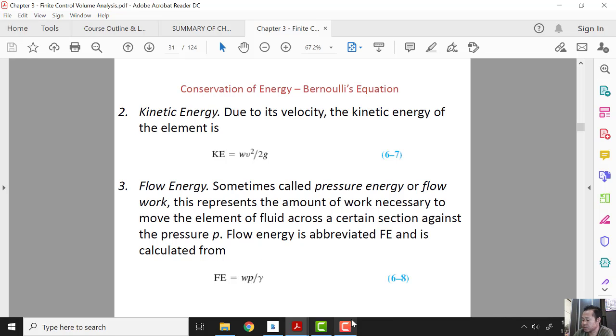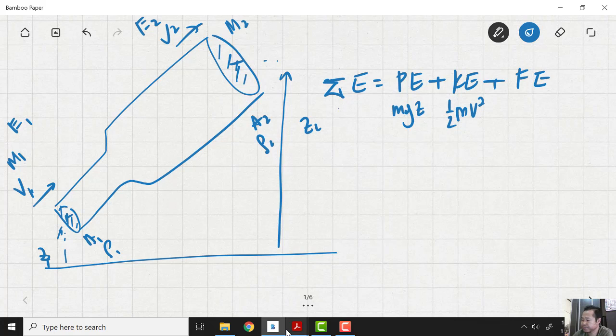You can write it as force times distance, Fs. Force times the distance, that is the work.